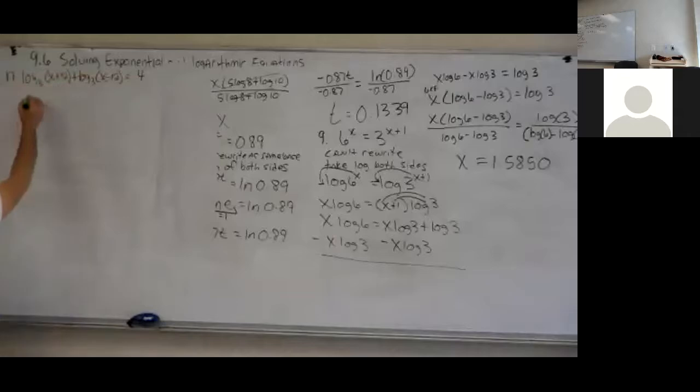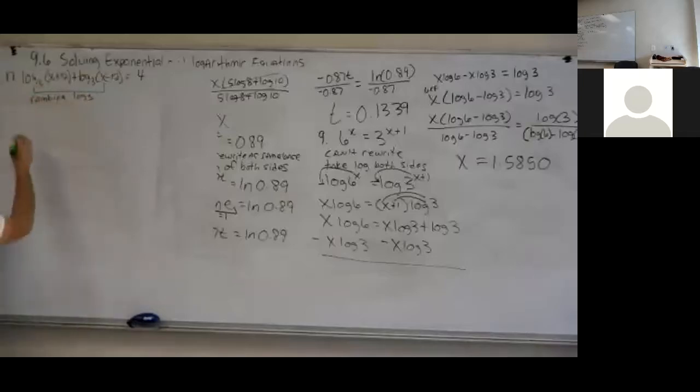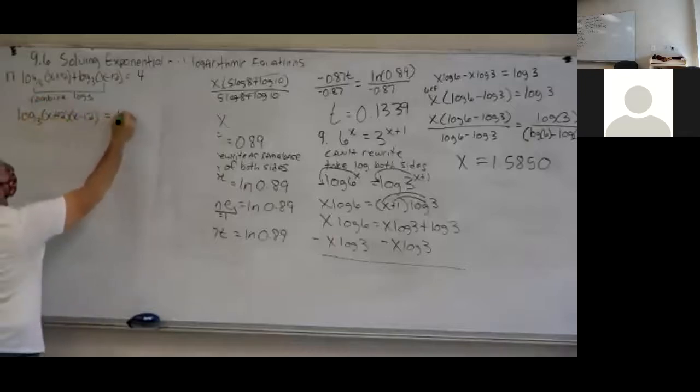So I'm going to combine logs on the left side. That'll give me a log base 3. Remember, these are being added, so there'll be a product, x plus 12 times x minus 12. All that's going to equal 4.